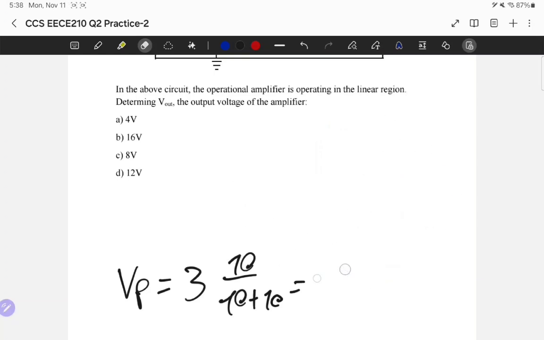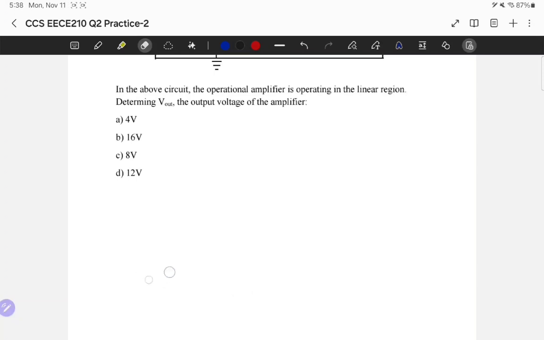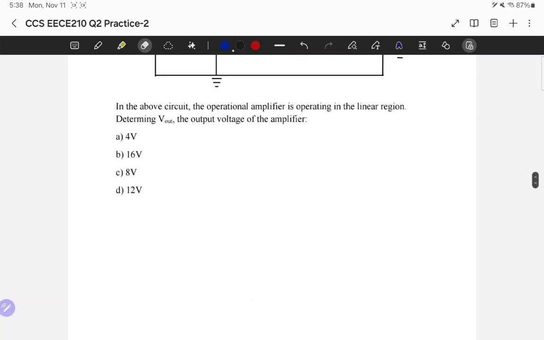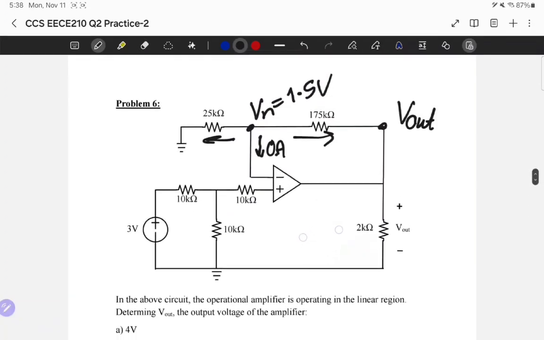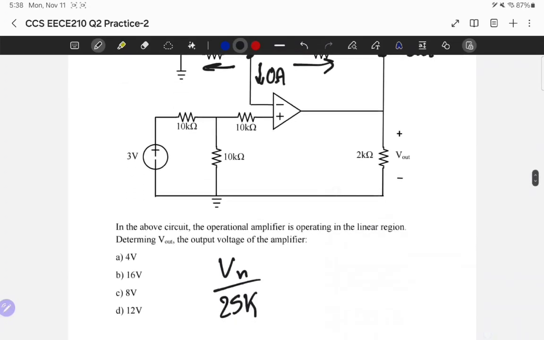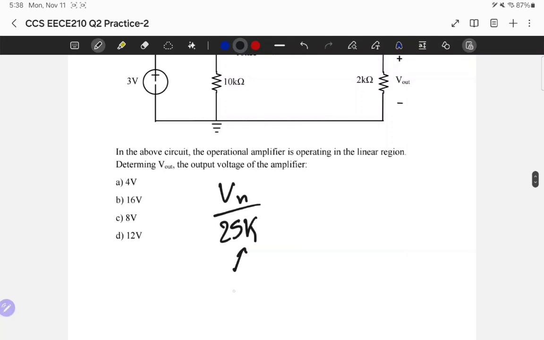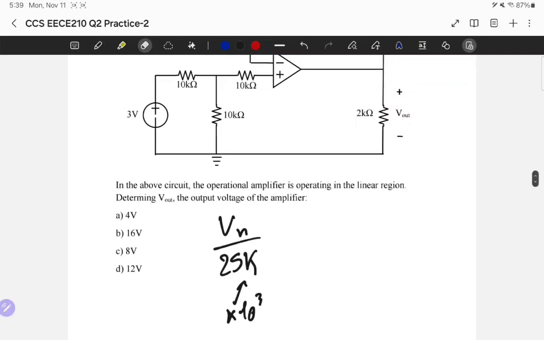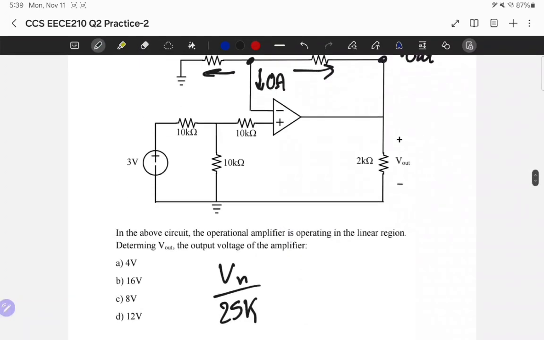So the game with operational amplifiers is to apply node voltage, and I'm going to do precisely this right here. So we have Vn divided by 25k. Remember, the k is really important, don't forget it, which is 10 to the power 3. So when I say 25k, I'm really saying 25 times 10 to the 3. So plus 0.